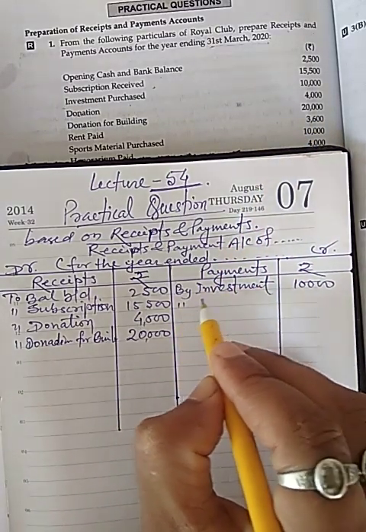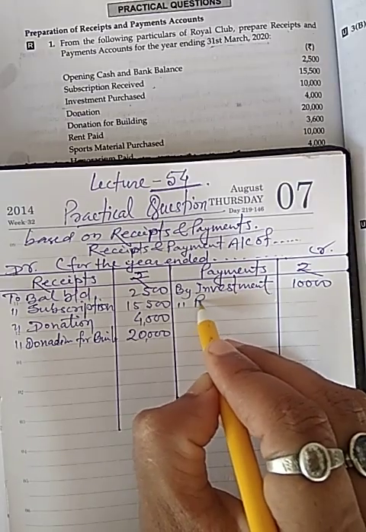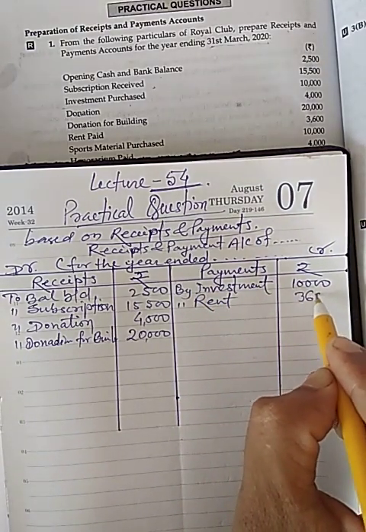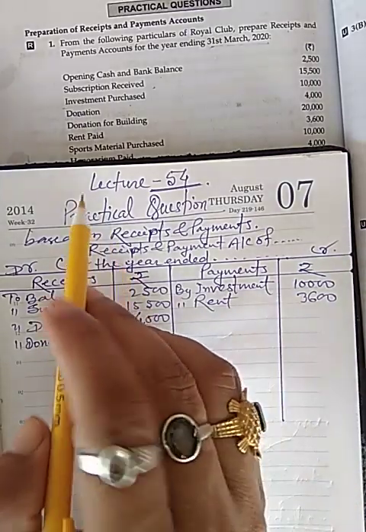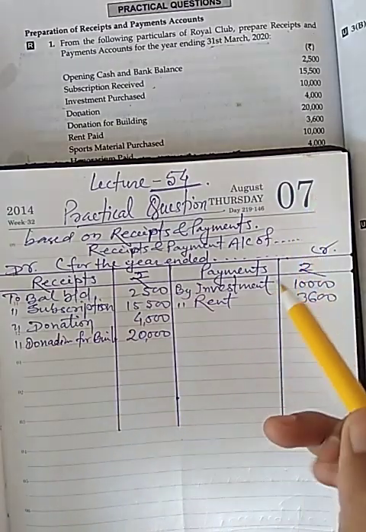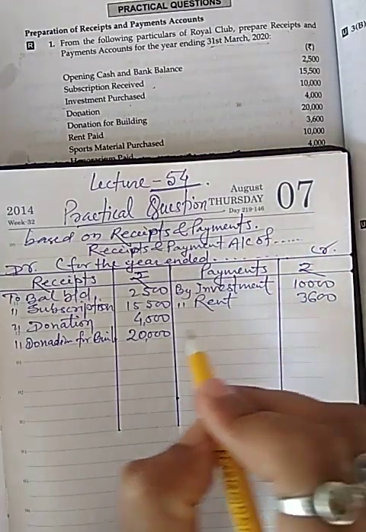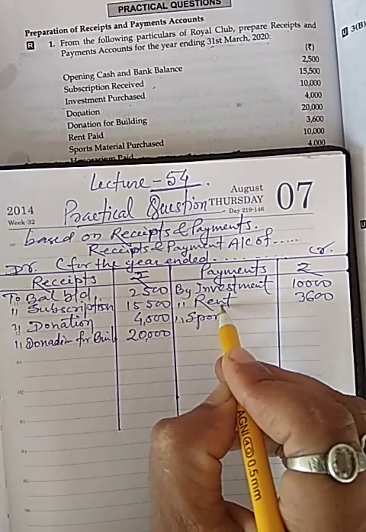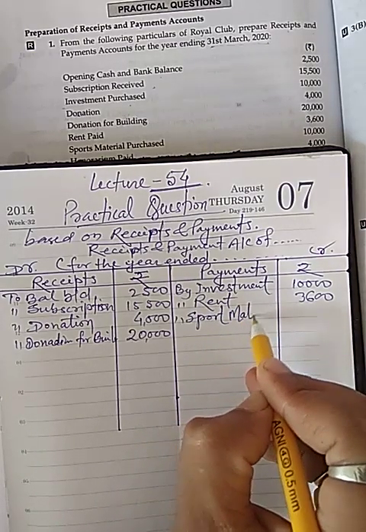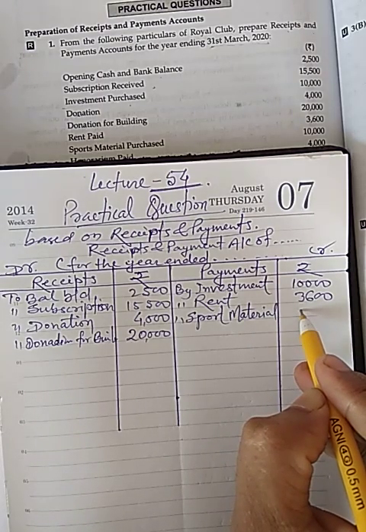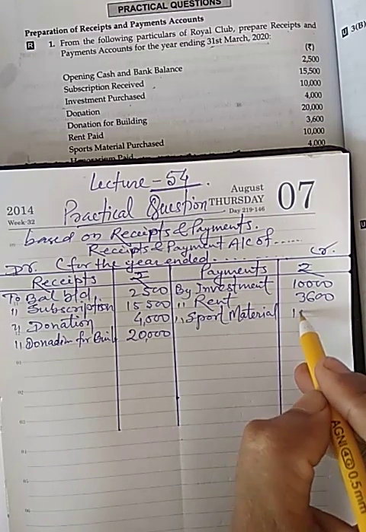It will be payment, rent 3,600. Sport material purchase, it will also be payment, so it will be shown in payment side. Sport material amount is given 10,000.